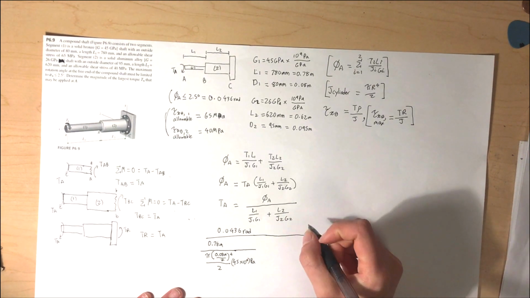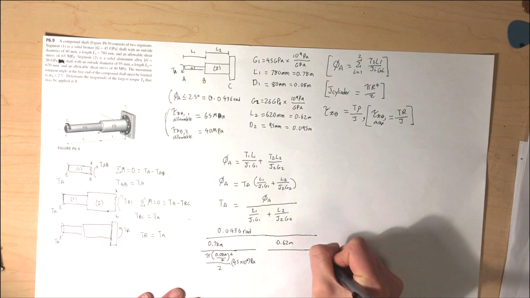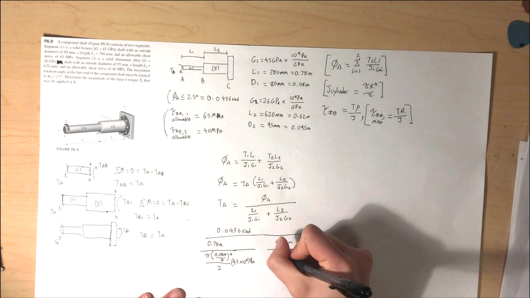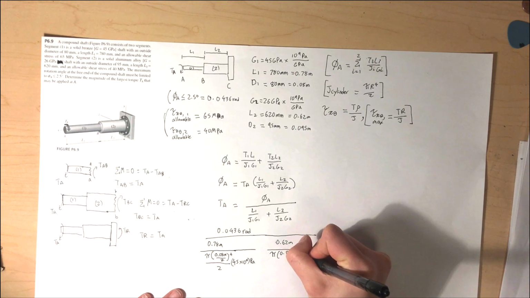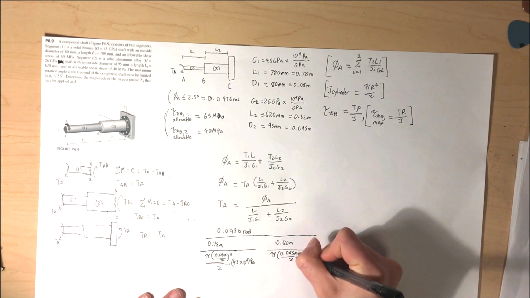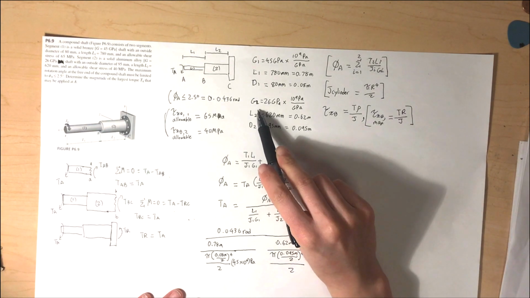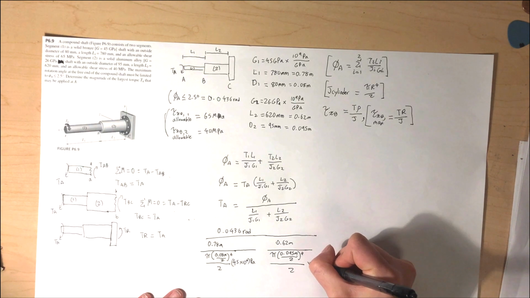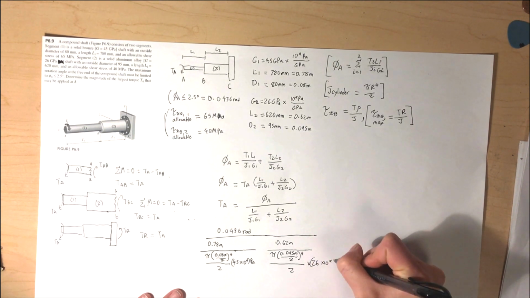And then we have L2 is 0.62 meters over the polar moment of inertia for member 2. Plug in the radius to the 4th over 2 times our G2 shear modulus for member 2, which is 26 times 10 to the 9 pascals.